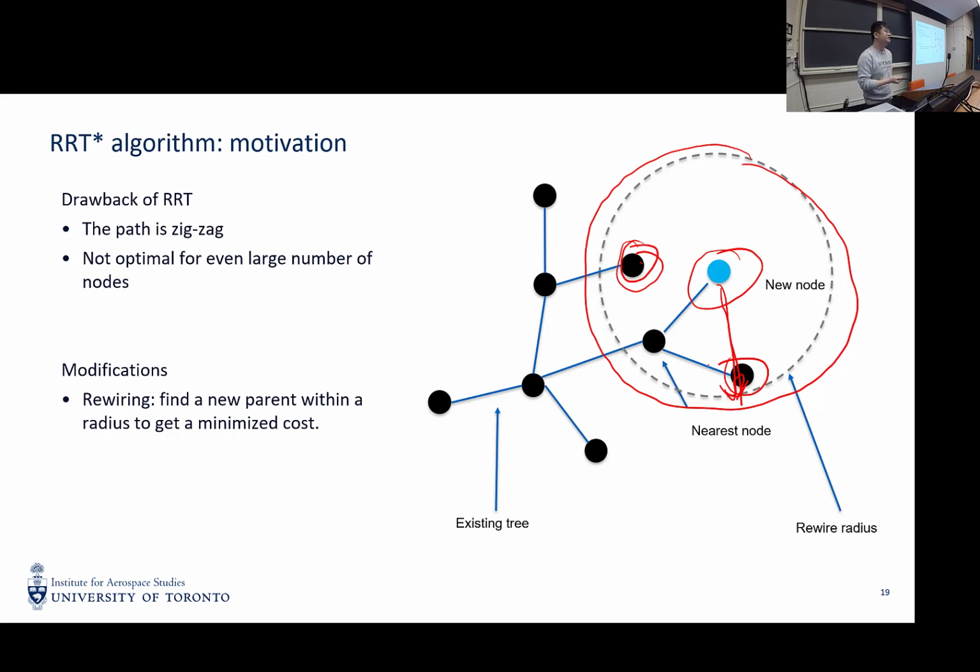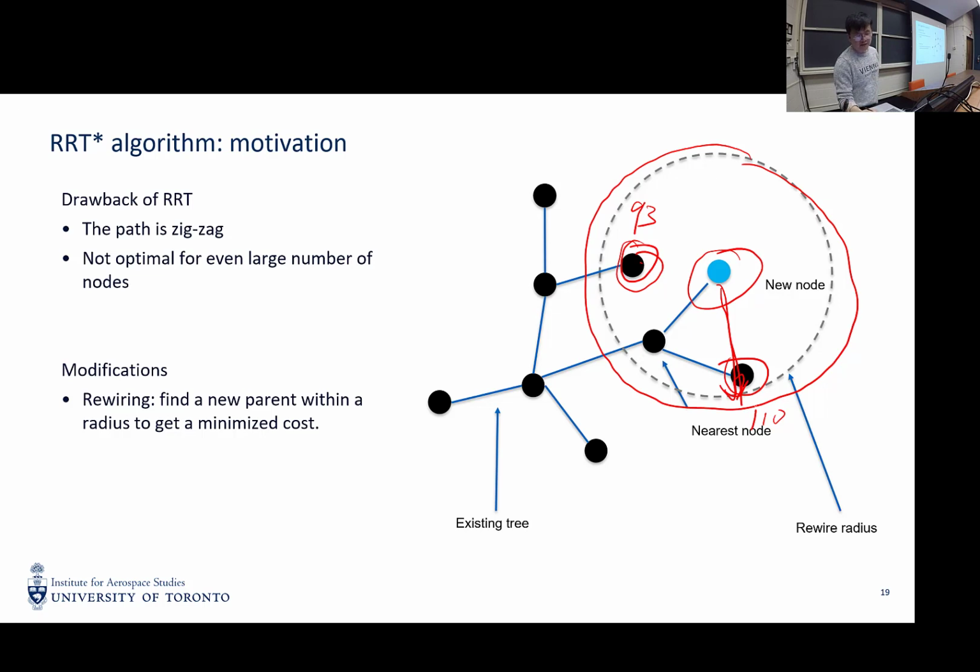In addition to the parent index and child index in the data structure, we also record the cost of each node, which is the distance from the current node to the starting point. For example, this node has a cost of 93, and this point has a cost of 110.